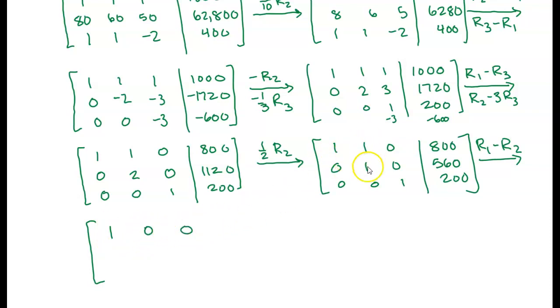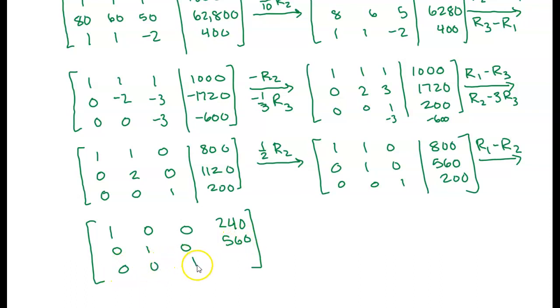I'm just subtracting row 2 from row 1. So I get the 1 minus 1 here. Everything else just stays the same. And then I have 800 minus 560, which I got was 240. Okay, and then everything is the way I want it now, right? I can just copy the second and the third rows down as is.